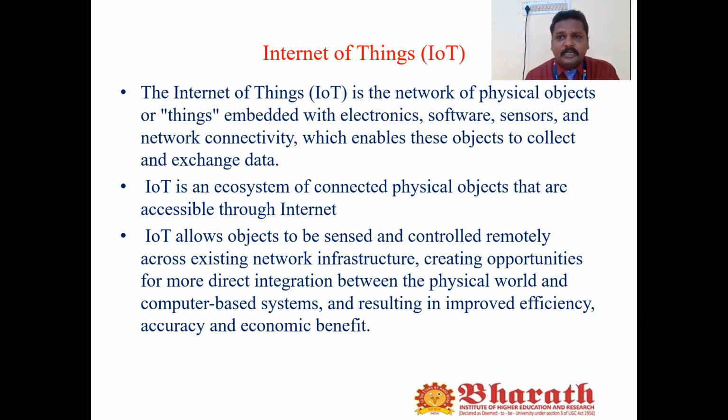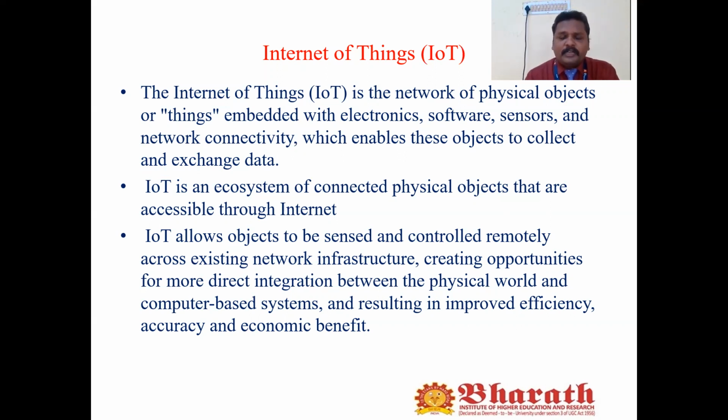We may use any kind of network infrastructure, maybe a local area network or a wide area network, creating opportunities for more direct integration between the physical world and computer-based systems.